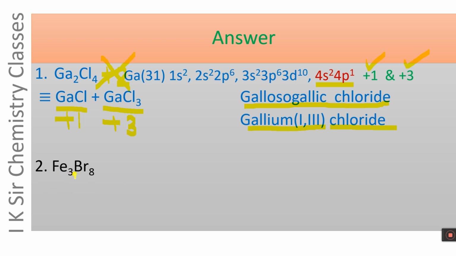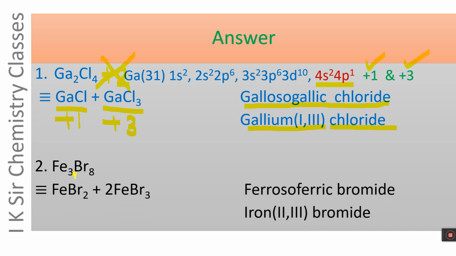Fe3Br8 actually consists of FeBr2 and FeBr3, ferrous bromide and ferric bromide. Therefore, its name is ferroso-ferric bromide, and its IUPAC name is iron(II,III) bromide.